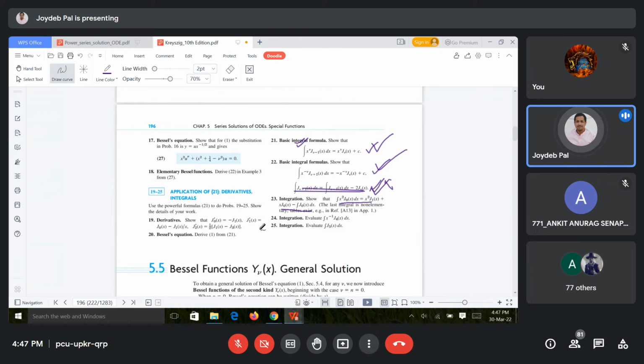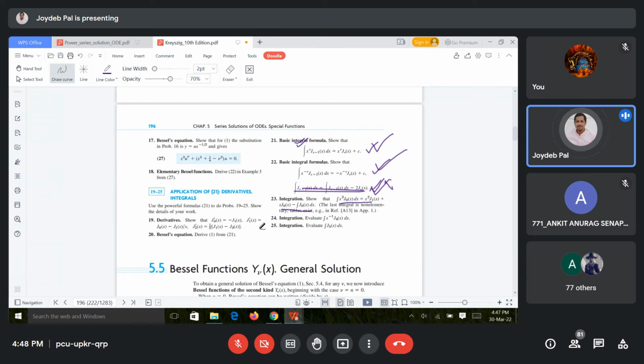Now see, I am showing how I have done it. Integration x square j naught x, I have to show this. So I am doing it by parts.